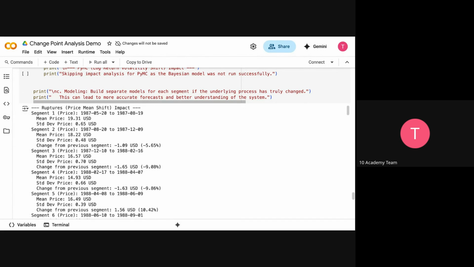And the second one, you can see it has dropped the mean price and the standard deviation price, and you can see the change, the percentage in change and how much it has affected it. So here you can find what happened between this time that affected the price by negative 5.65%.